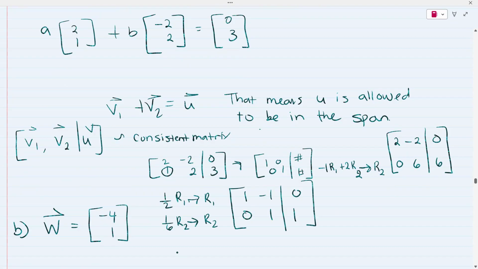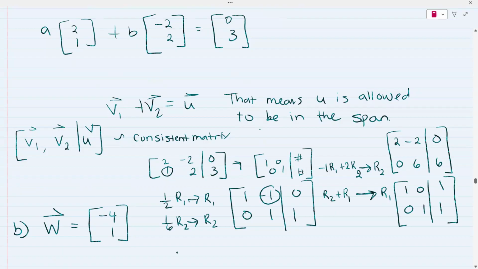Okay, and now I want to make this -1 into a 0. That's technically messing with row 1. To do that, I'm going to have to replace row 1 with row 1 plus row 2. That would give me 1, 0, straight line, 1, and then 0, 1, and 1.